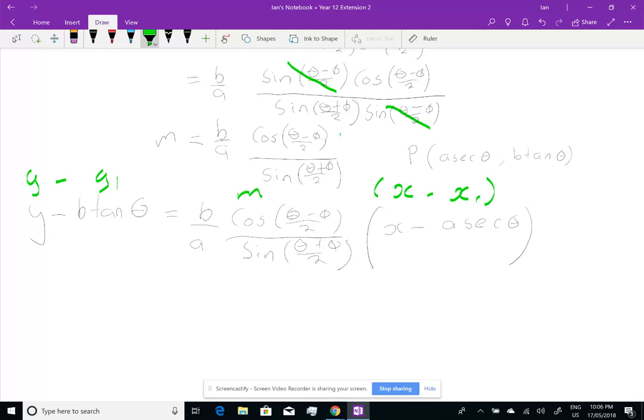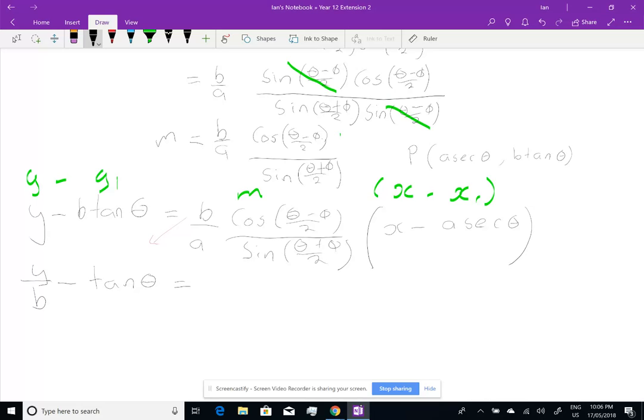So here I'm going to do some funky stuff. I'm going to divide the b through over here, step by step. Y on b, and those b's will cancel there, so I'll just get minus tan theta. Let's take the a through the outside.